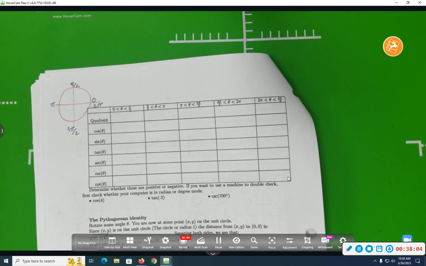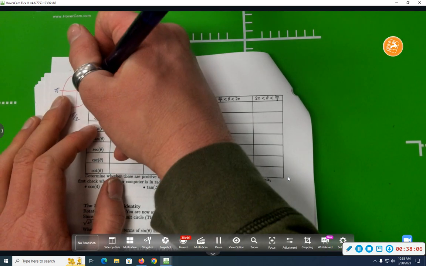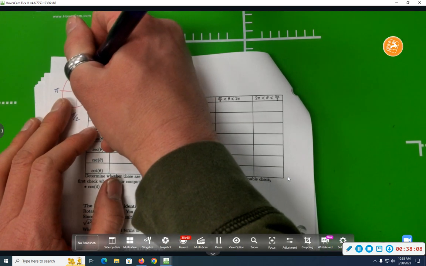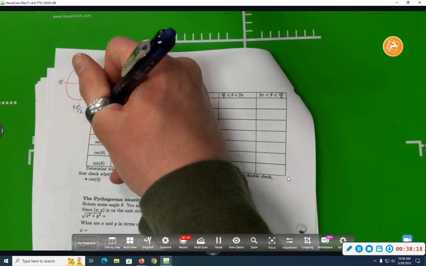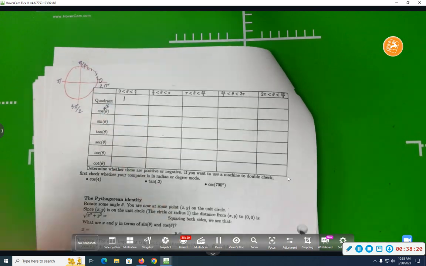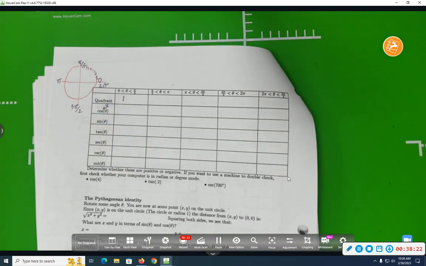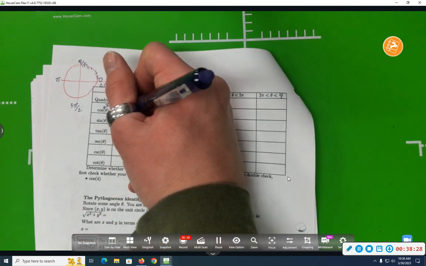So if you rotate by an angle between 0 and pi over 2, well, that means you're somewhere between 0 and pi over 2. What quadrant do those angles trace out? Quadrant 1. And in quadrant 1, cosine, which is the x-coordinate, will that be positive or negative? Positive.